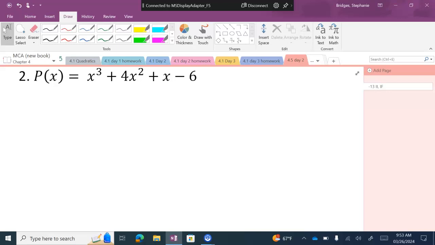All right, so go ahead, set up your list of possible rational solutions. Once you have that list, then you can go ahead and set up your synthetic division and start working on trying to find one that gives me a remainder of 0.